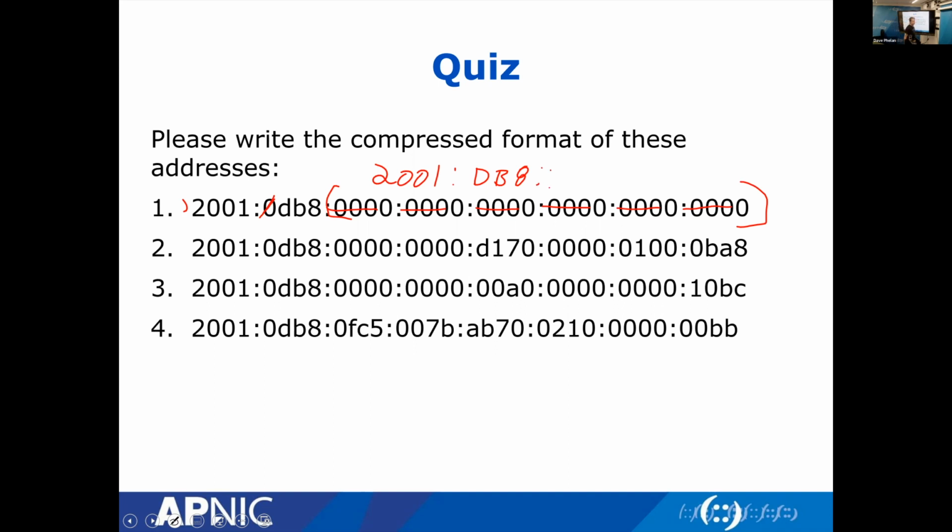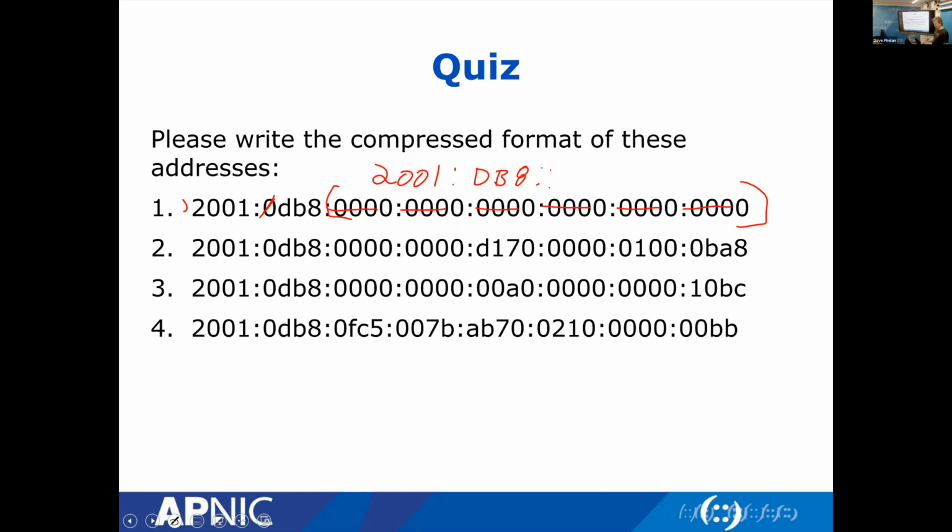That's it. Leading zero gone, multiple sets of zeros all concatenated down. We don't have to physically have a zero there because we're already saying, hey, double colon. It's all zeros from here on in.